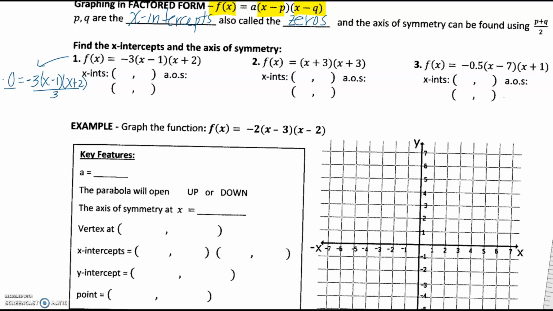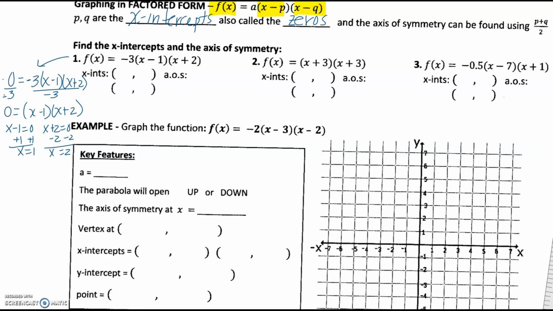Well, I'm going to get rid of the 3 first by dividing by -3. That still gives me 0 because 0 divided by anything is 0, but now I have x minus 1 times x plus 2. To solve for x, I set x minus 1 equal to 0, and I set x plus 2 equal to 0. When I solve, I add 1 and get x equals 1. I subtract 2 and I get x equals -2.